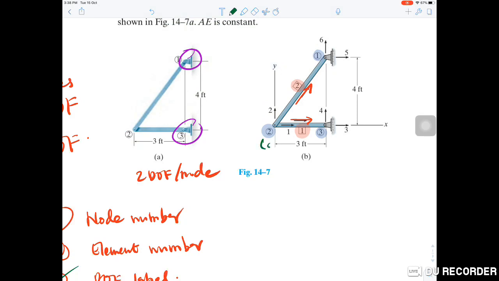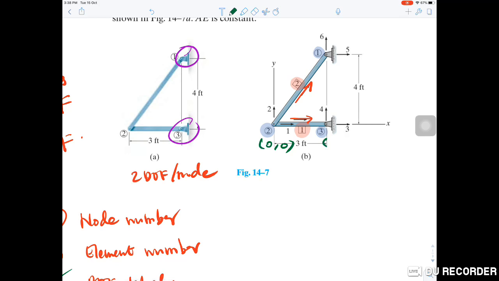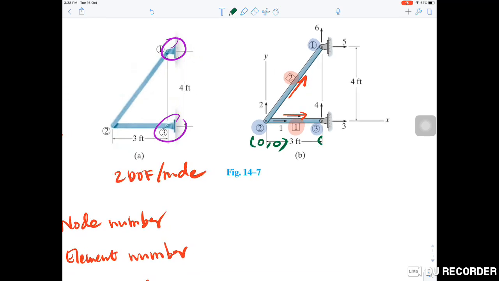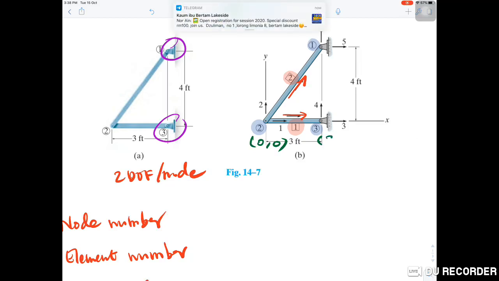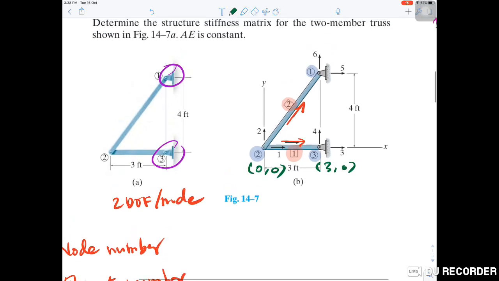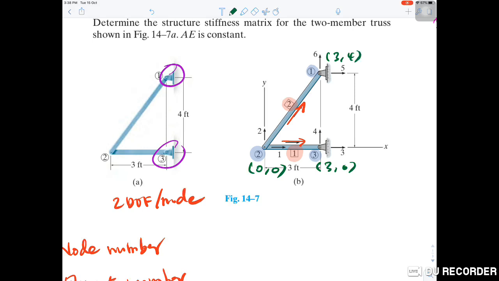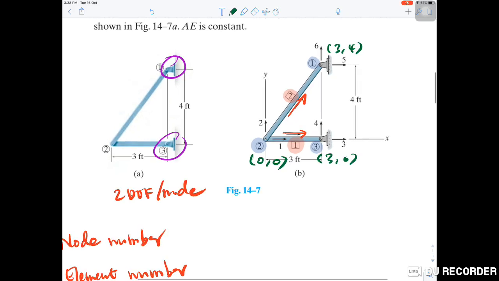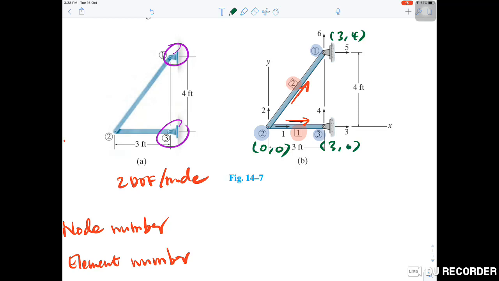We label it as 0, 0, and by choosing node 2 as origin, we can label node 1 and node 3 in the coordinate system. Normally we will choose node number 2, because if we choose 2 as origin, the others become positive x and positive y. Node 3 is 3, 0, and for node number 1, the coordinate is 3, 4.